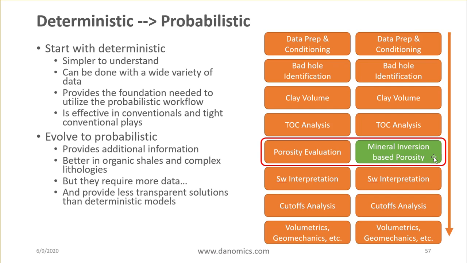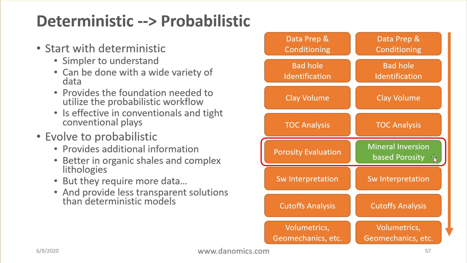What the mineral inversion does is it allows us to calculate the mineral components of a rock at a step-by-step increment. Then we can use that to calculate a grain density, and the grain density allows us to calculate a more accurate porosity across an interval.